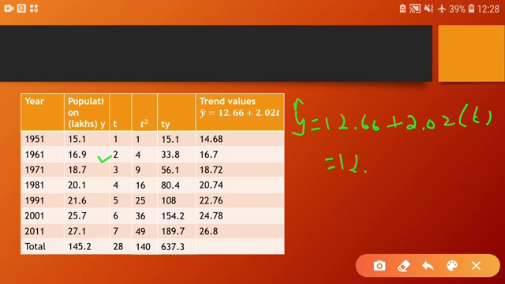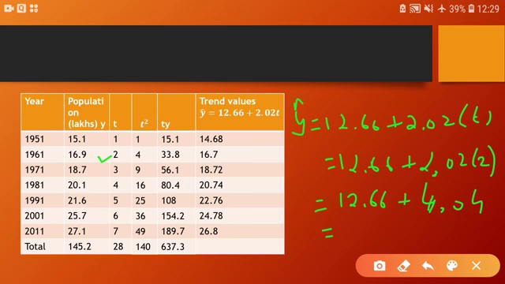So it is 12.66 plus 2.02 into 2, as I need to take t as 2. 2.02 into 2 is 4.04.